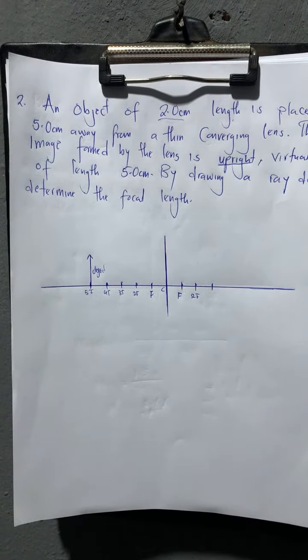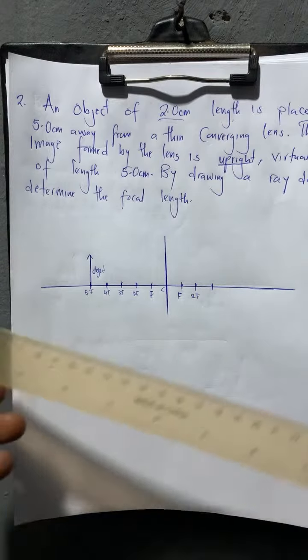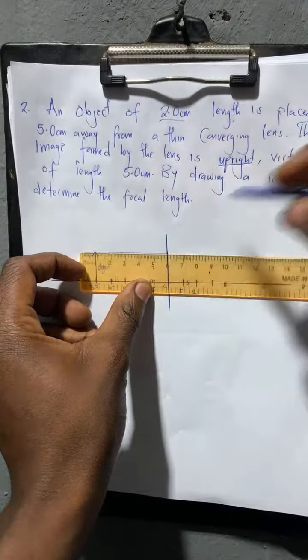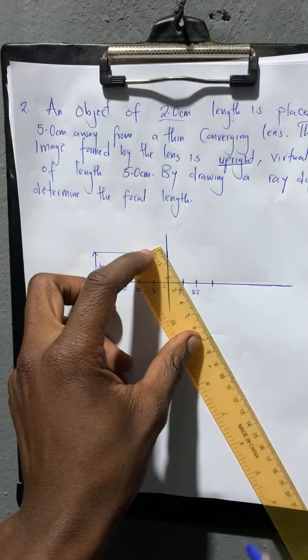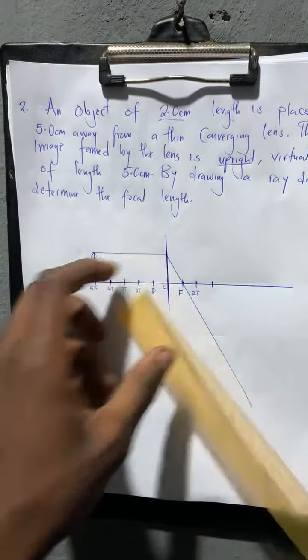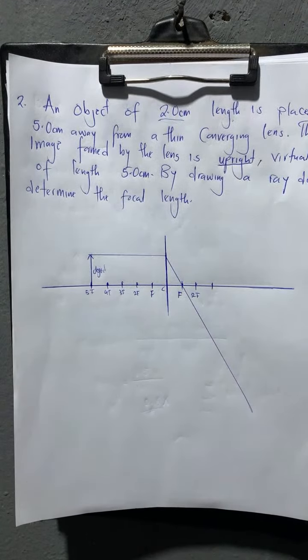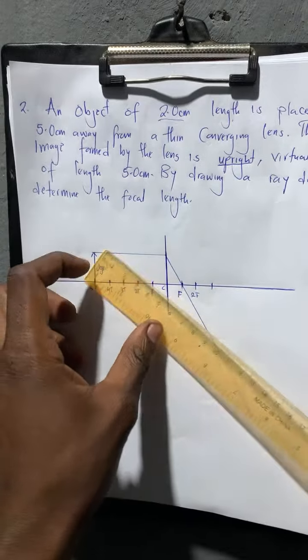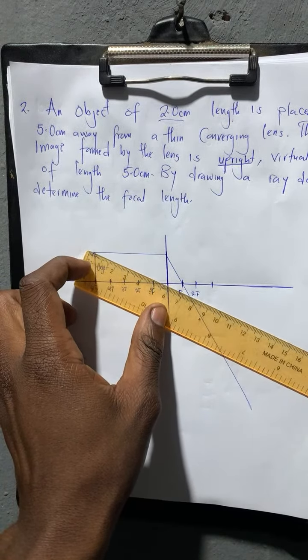If they haven't told you the focal length, so the line from the kind of image that is going to be formed here, upright.